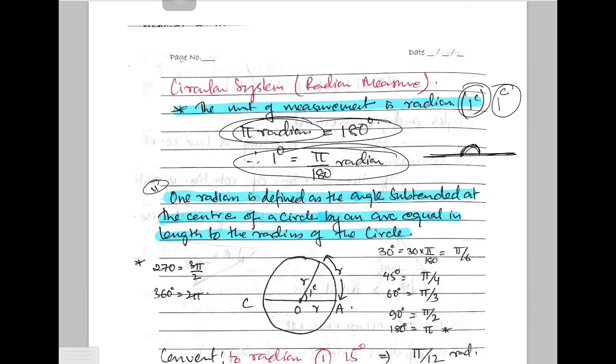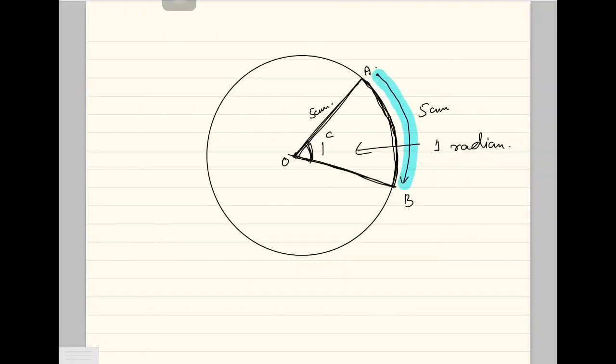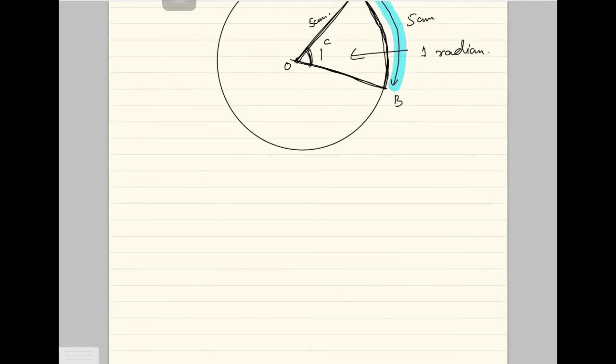So there is a big relationship between pi, radians and degrees. Please try to understand it. That means 1 degree will be equal to pi by 180 radian. Let me show you here itself. According to the relationship, pi radian equals how much?